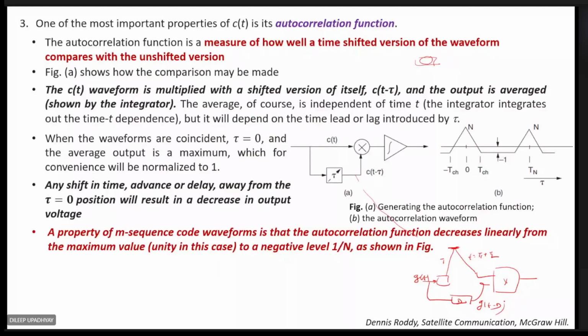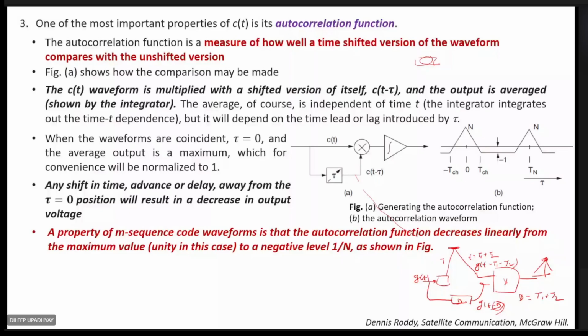This autocorrelation function will be maximum when this d becomes equal to T1 plus T2, because ultimately this signal will be received as T minus T1 minus T2, and this signal is given as T minus d. So once d is equal to T1 plus T2, in that case only, as I told you, for tau equals 0, we will be getting the maximum autocorrelation function value.